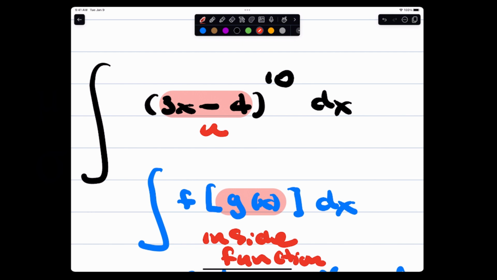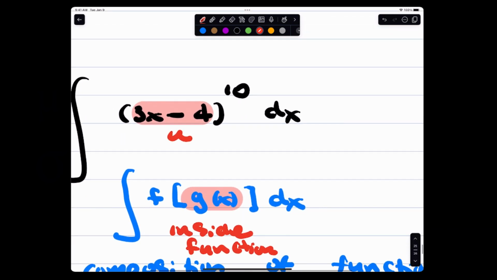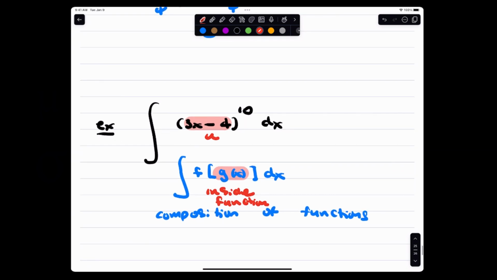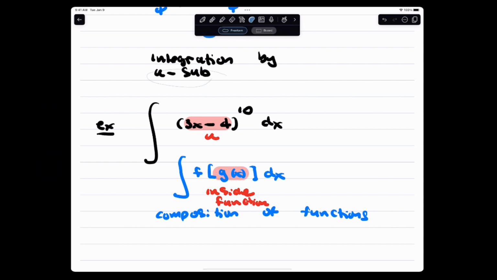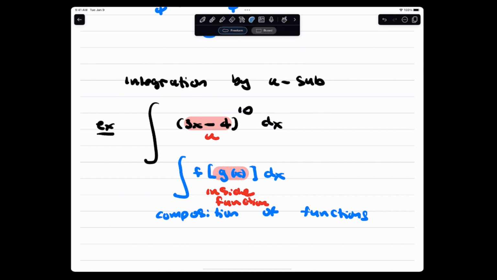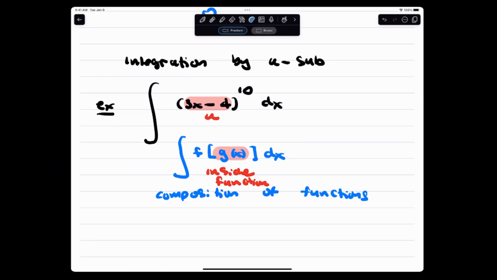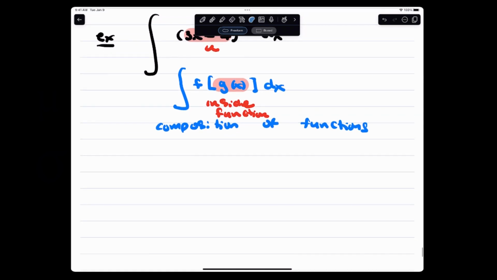Now that is u. So this is really called substitution. It's really called u sub. So this is the u sub procedure, and it's integration by u sub. Do I start off by saying what is u here?